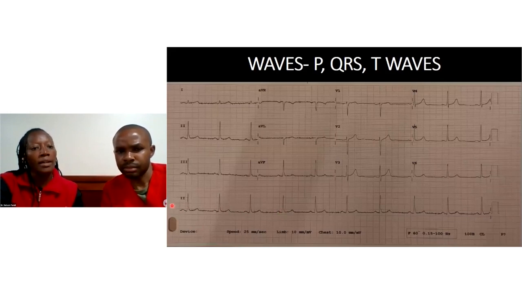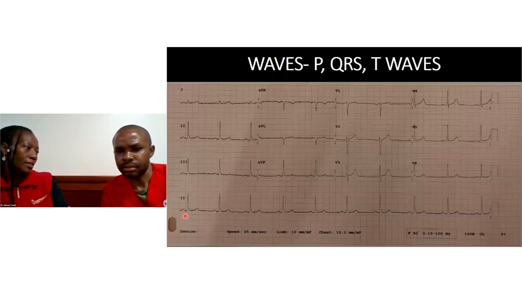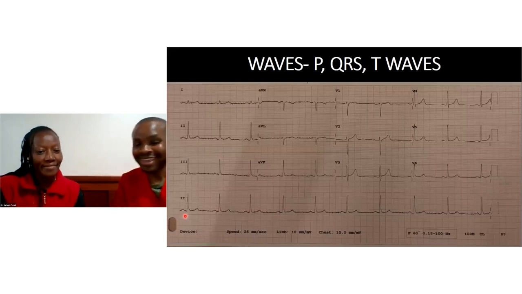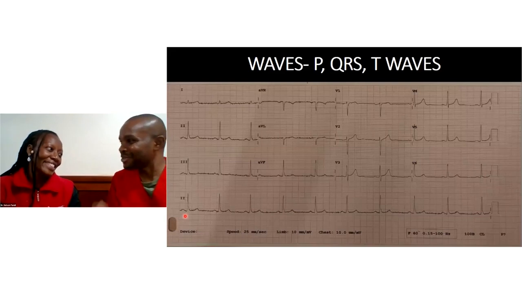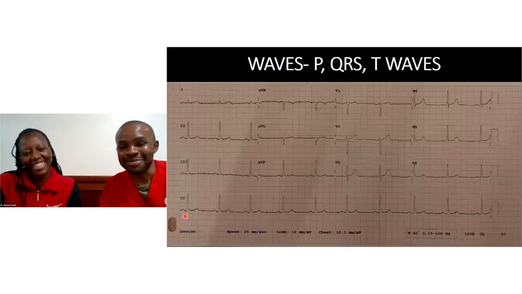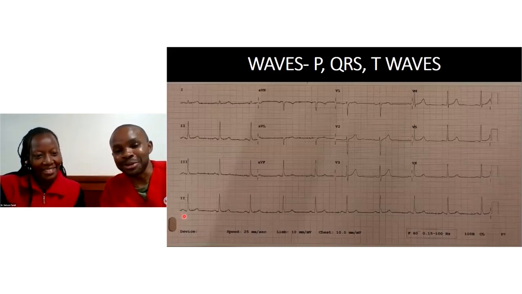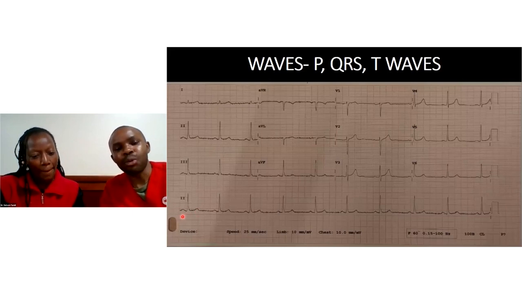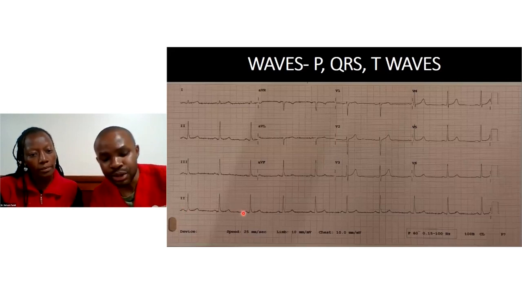Now, what are the characteristics of a normal P wave, Dr. Nelson? So, Grace, I had read, so I know the answer. We expect a smooth upward deflection of the P wave.